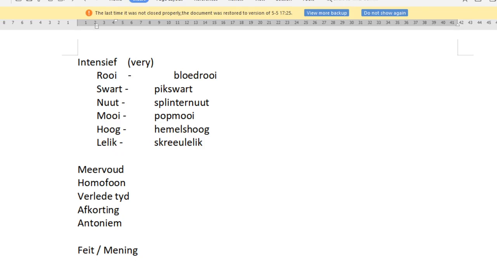Intensieve forme, let's do that as well. Okay, so intensieve forme, we're looking at intense. Intensieve form is something that's tense, it's intense. It's basically something that means very. So we say something is very red, we say it's bloedrooi.